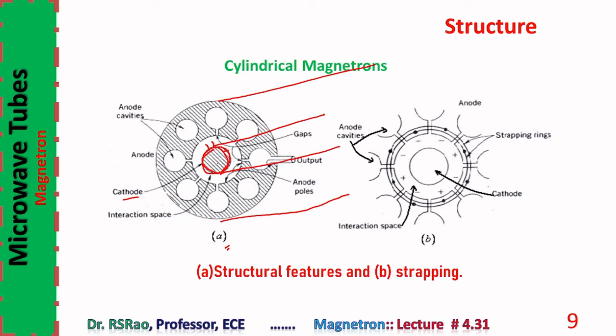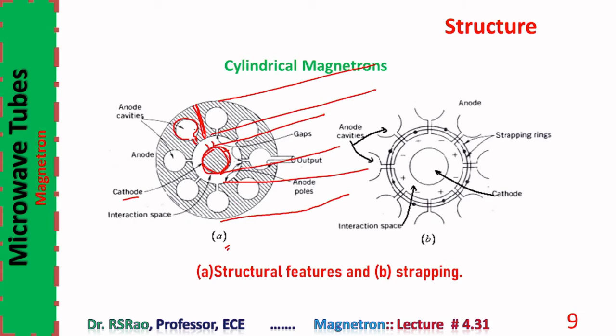Now, notice the cathode is surrounded by the anode block. In the anode block, one can see cavities. Here, the cavities are made with a hole and a slot. This is a hole, this is a slot. One can find several cavities. They are 8 in number. They need not be 8, but here it is shown.